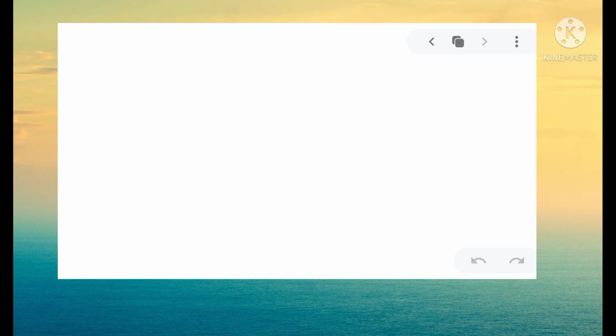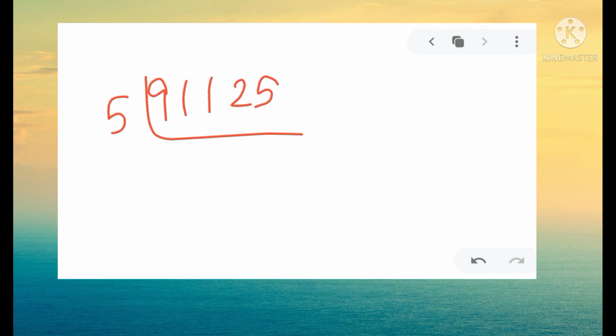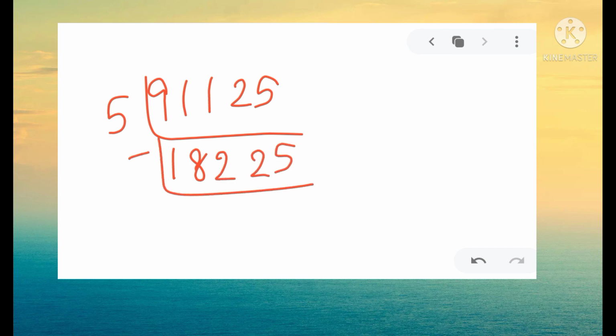Let us look into the last question. 91125. It is divisible by 5. 1 5s are 5, 48, 2, 2, 5 by 5. 3 5s are 15. 6, 6 5s are 30. 22, 4, 5.